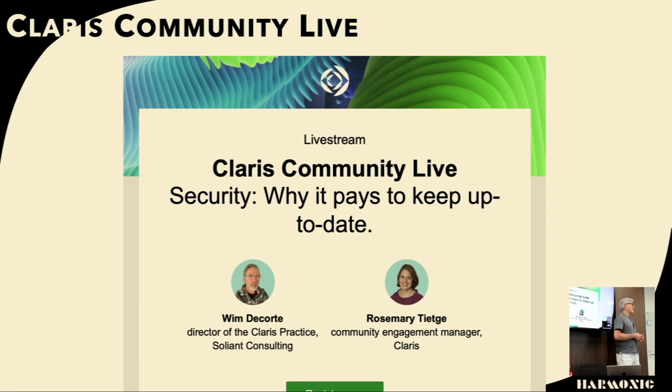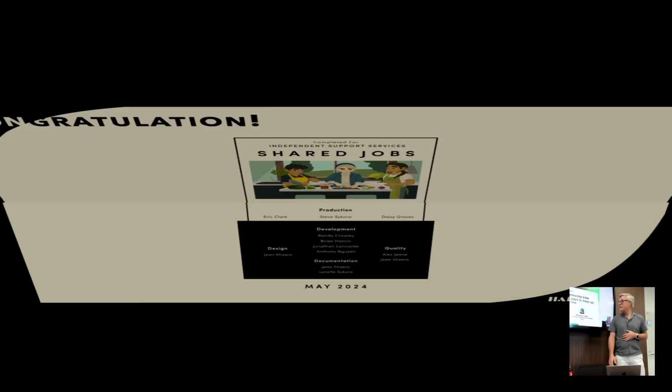We spent a couple busy days doing that as things started to heat up out there on this topic. But it's a good reminder, and I'm looking forward to hearing what the esteemed Wim DeCourt has to say on the topic, and I'm sure it will be a rich conversation. So again, recommended. It's next Thursday, the 13th. That information is also available on the Claris community site.